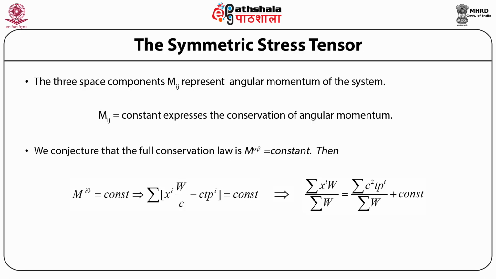Then Mi0 equals constant, which implies that summation of xi w by c minus ct pi equals constant. This implies that summation xi w by summation w equals summation c square t pi by summation w plus constant.